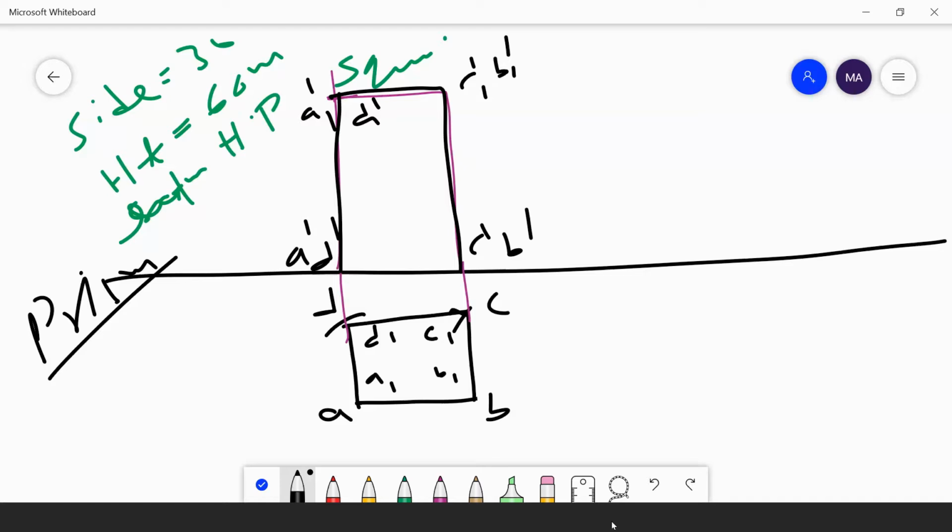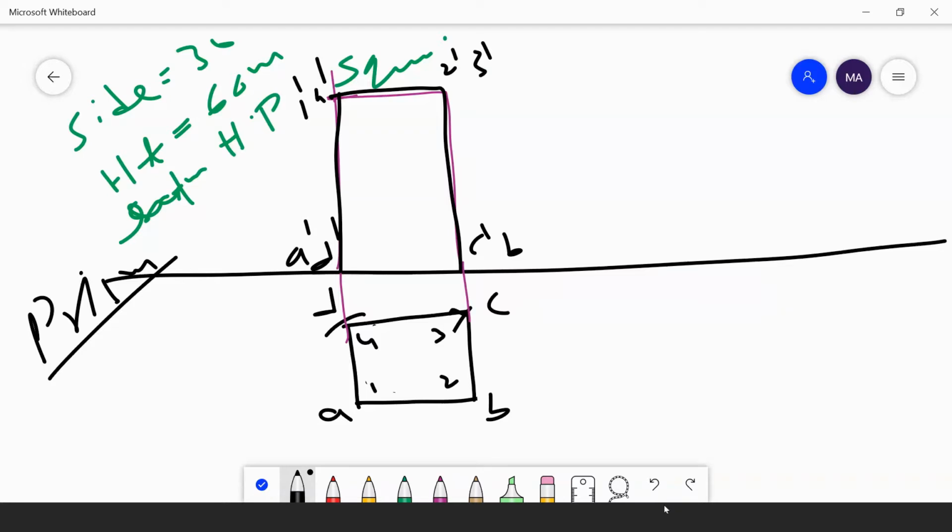Or else, if it is confusing, in the base normally you will write the notations as 1, 2, 3, 4. You can write it as 1 dash, 4 dash, and 2 dash, 3 dash. Understand?